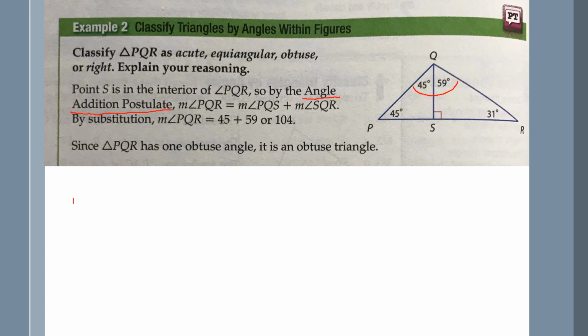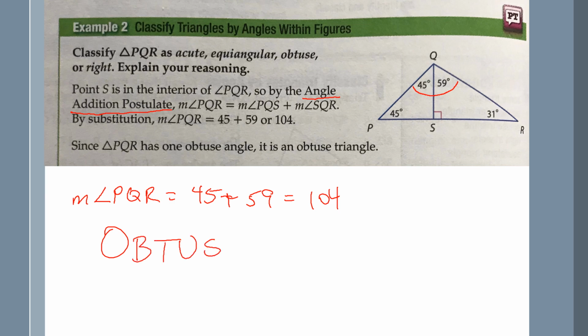So because the measure of angle PQR is equal to 45 plus 59, which is equal to 104, this is an obtuse triangle.